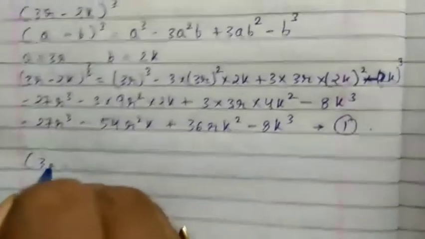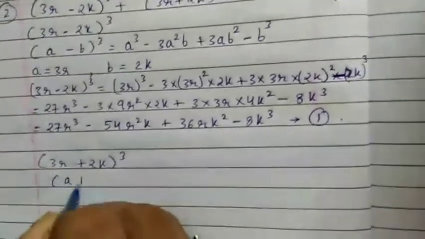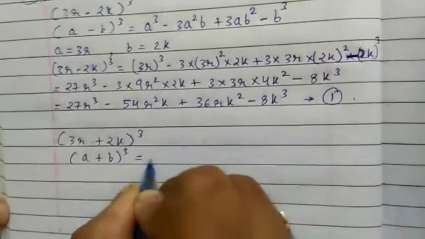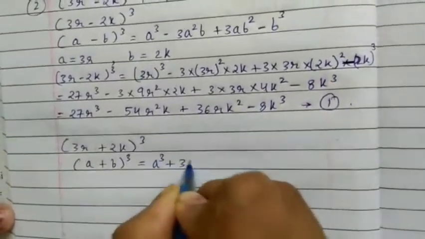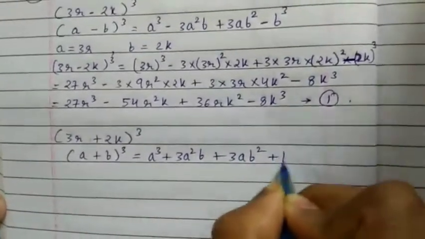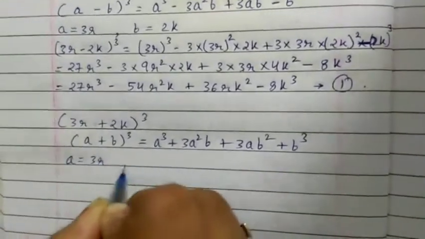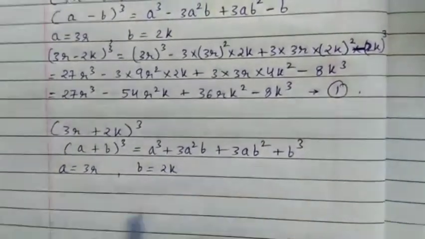Now similarly solve (3r plus 2k) whole cube. So (a plus b) whole cube is equal to a cube plus 3a square b plus 3ab square plus b cube. So again a is equal to 3r and b is equal to 2k.